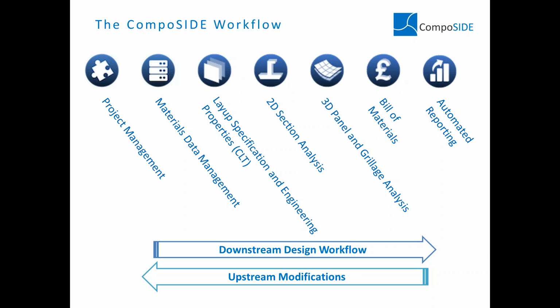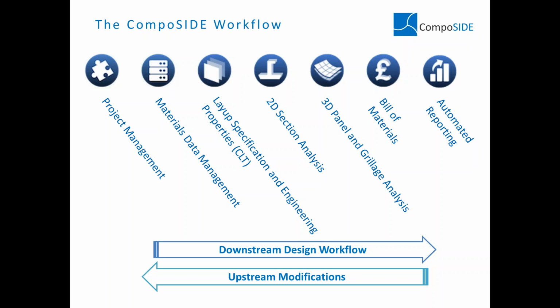The next step is to create a laminate, which we do in LaminaSpace. We specify a laminate in here using materials generated or input in CMDB, and then we can calculate engineering properties based on those plies. The next step typically is a 2D section analysis, so this is a typical beam or section of a hull, as an example.